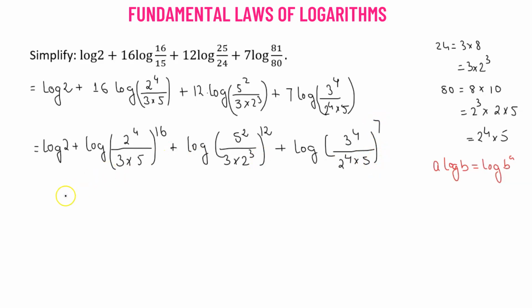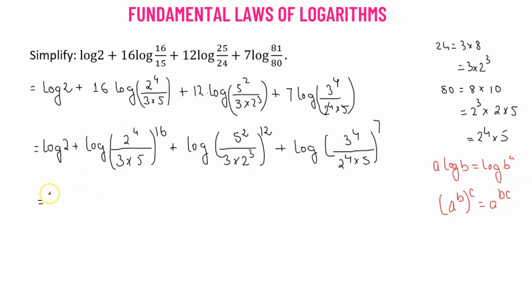Fine. Now we will use the property of indices. If we have a raised to the power of b and the whole thing is raised to the power of c, that's simply equivalent to a raised to the power of b times c.